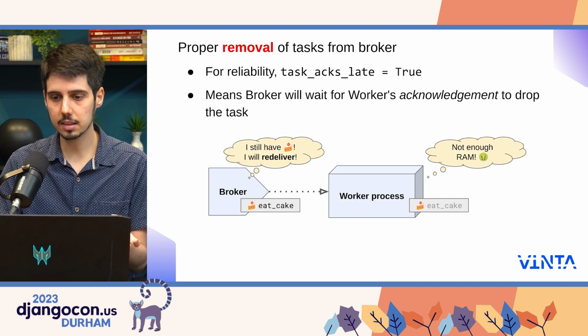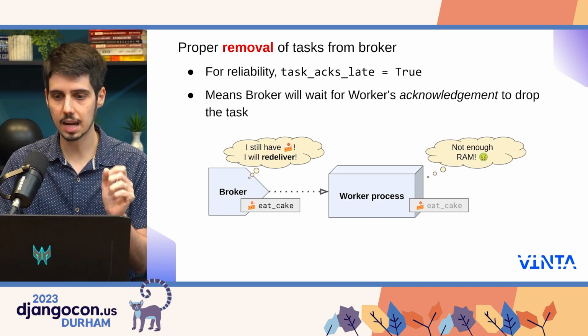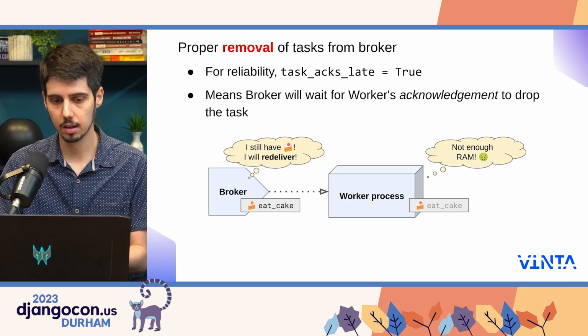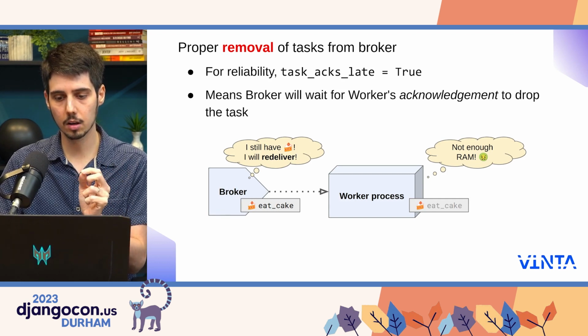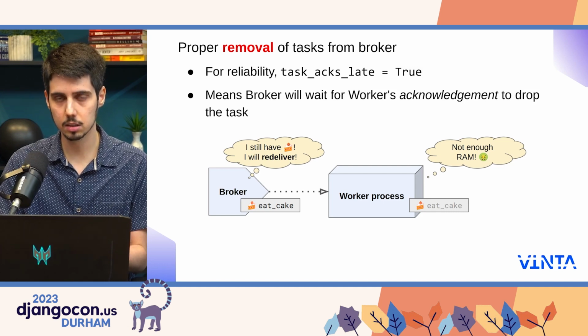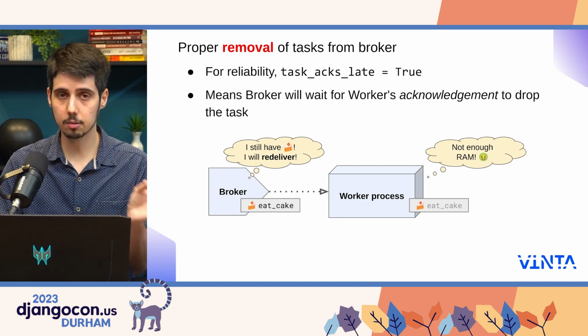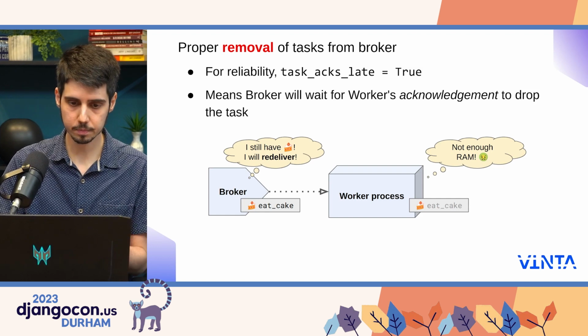That means that the broker will wait for the worker's acknowledgement to drop the task. In the case of the worker process not having enough RAM and being killed by the operating system, the task will remain on the broker side and it will be redelivered.